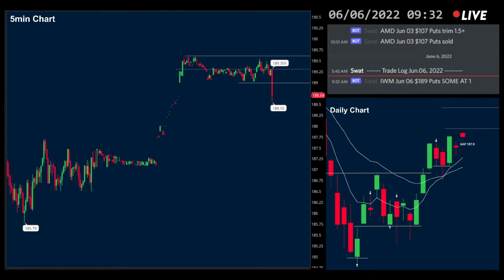IWM some attempt to fill the gap. The gap fills at 187.9. Let's see if it fills. Tesla weak.